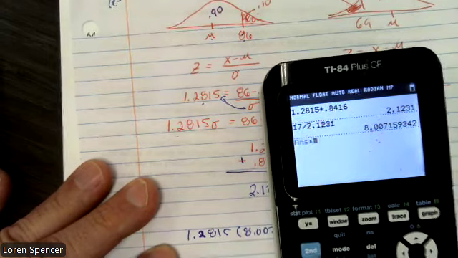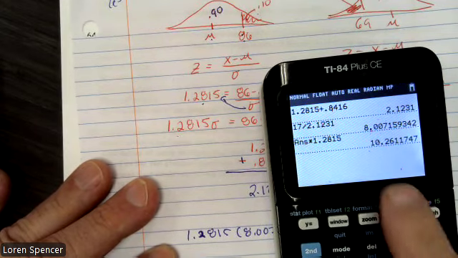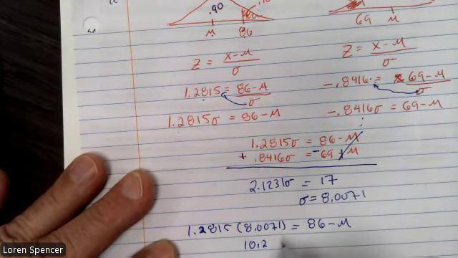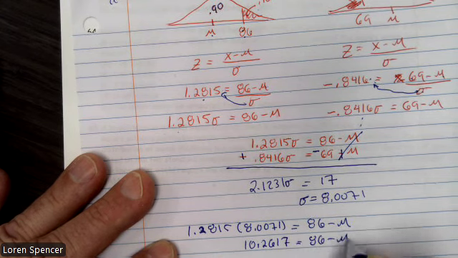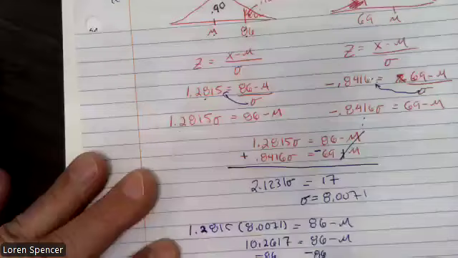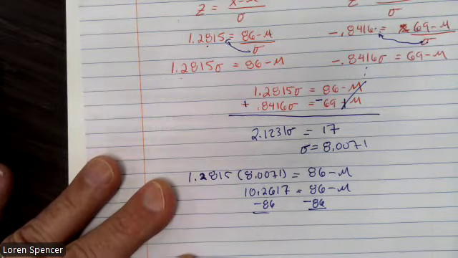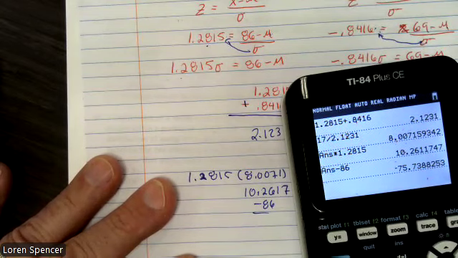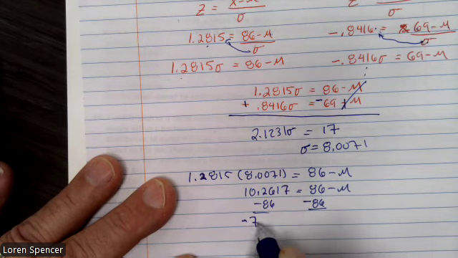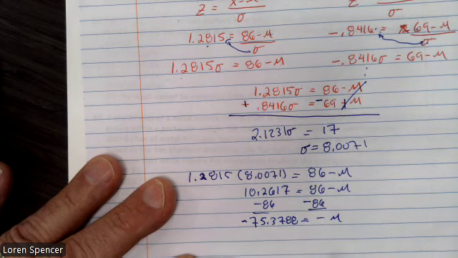So times 1.2815, I get 10.26. 10.26 equals 86 minus the mean. I'm going to subtract 86 from both sides. And I get negative 75.7388, a negative 75.7388 equals a negative mean. I can swap the signs and I end up with a positive.